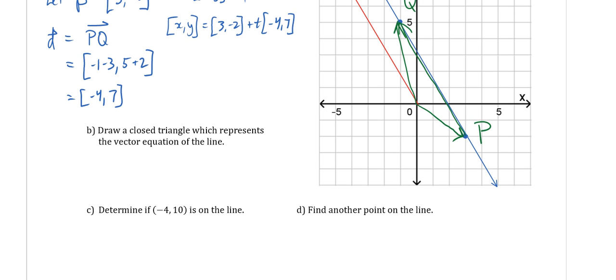So if I think about my equation, so the x value -4 will equal 3 plus t times -4, so minus 4t. I'm just taking the x components. And 10 is -2 plus 7t. You see where that came from?